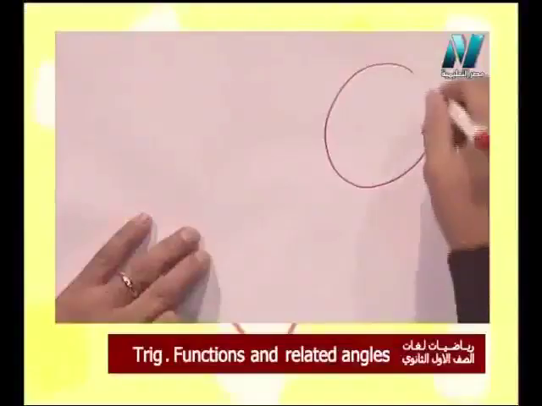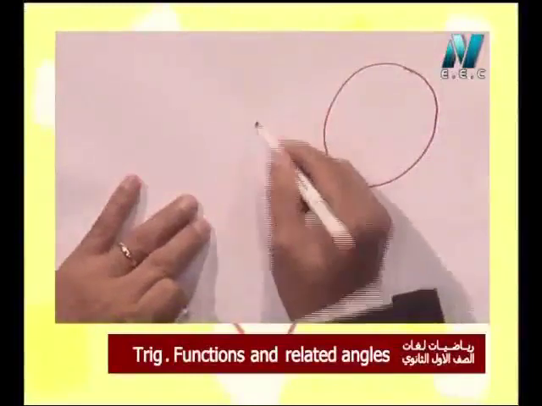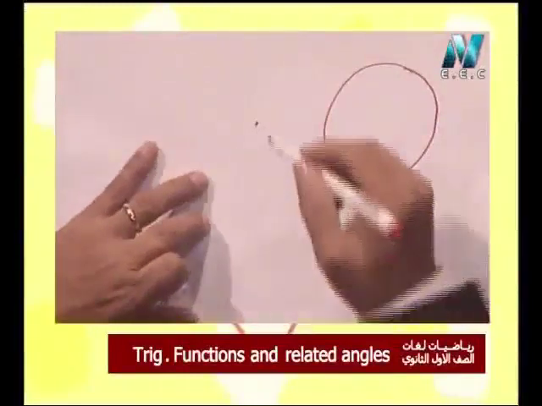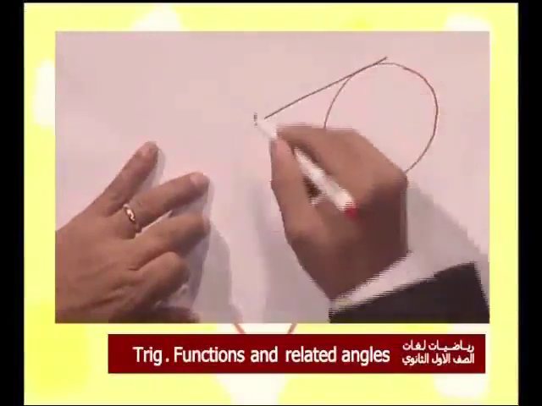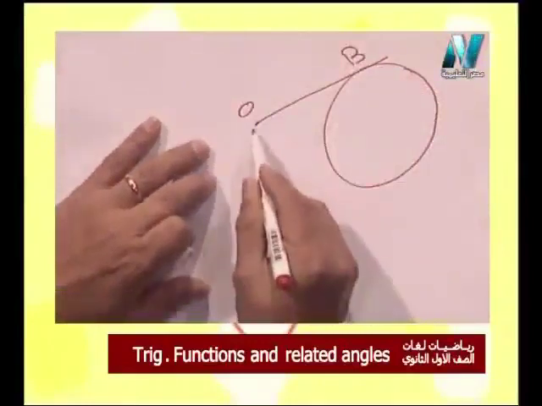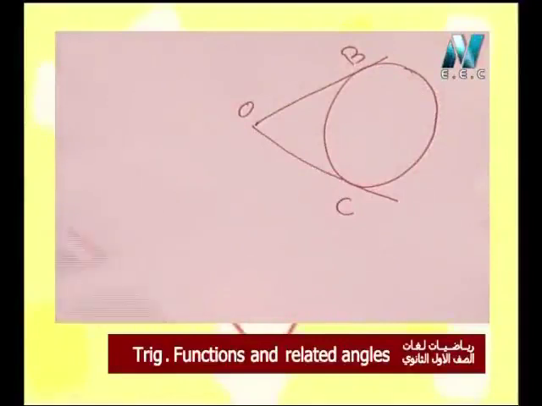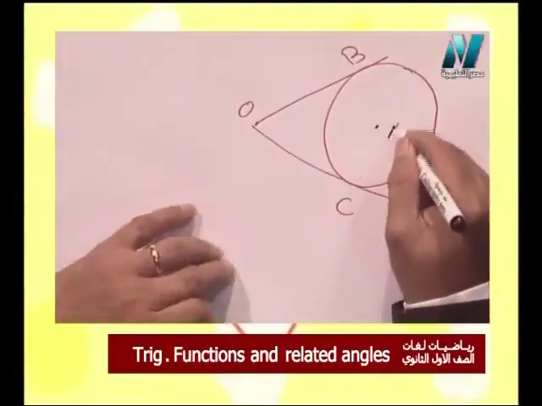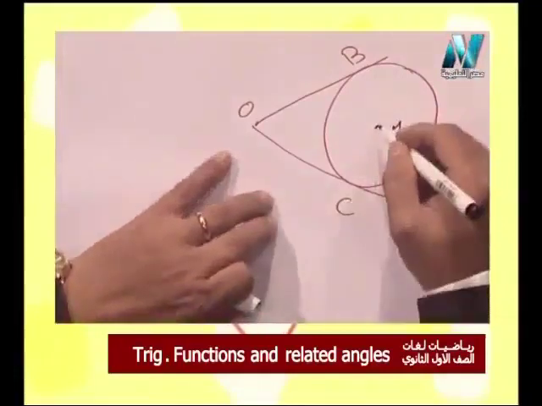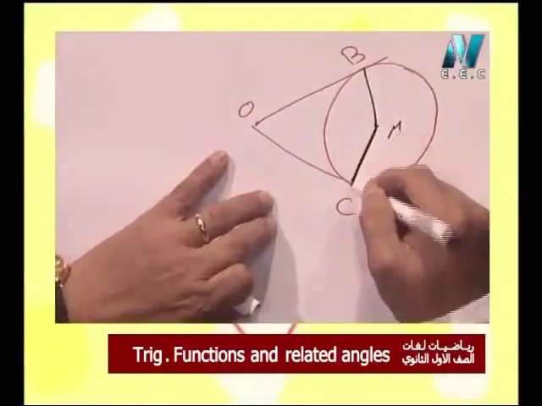If we have a circle like this, and we have a point outside the circle, and OB is a tangent, and OC is another tangent, and we have the center equals M, and we have joined MB and MC here.